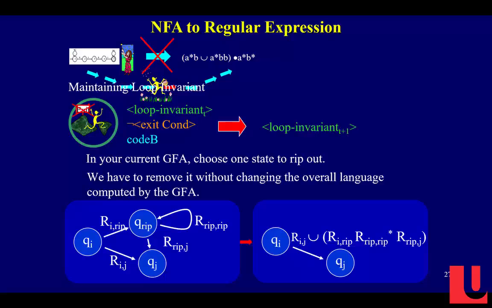Now we're zooming in, choosing one state that we're going to rip out and one edge that we're going to update. When we rip out this one state, we're going to have to update every edge. And how do you update that edge? When this state goes, you replace the label of this edge with the label of this. And so when you say start, I'm not sure what you mean. Everybody kind of follow that?